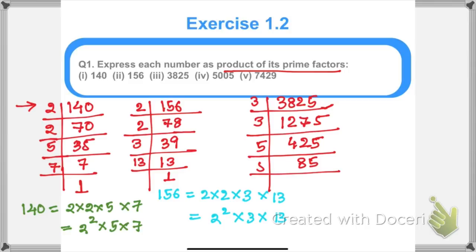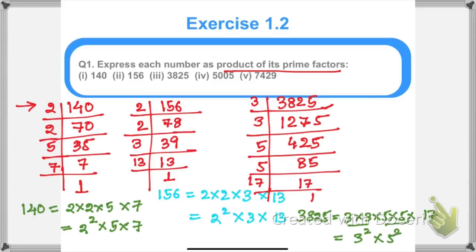Now again dividing it with 5, we will get 17, and ultimately we will get 1. So 3825 can be expressed as 3 into 3 into 5 into 5 into 17. That will be equal to 3 square into 5 square into 17.